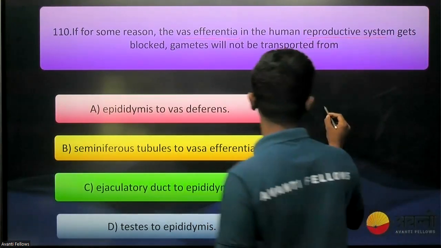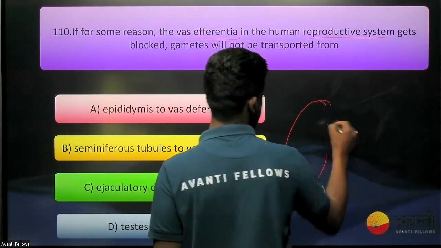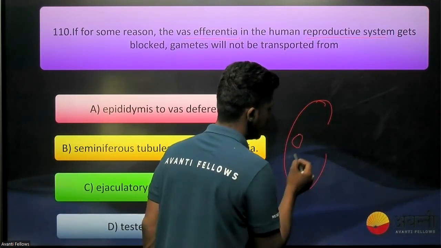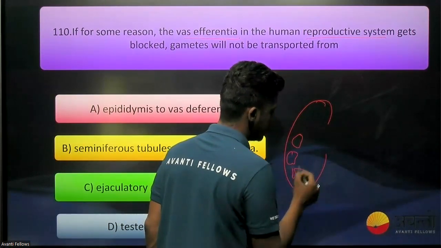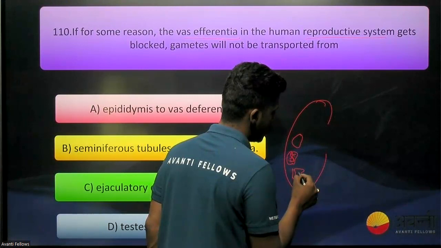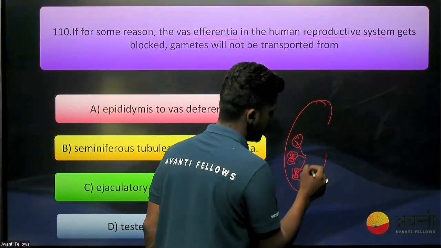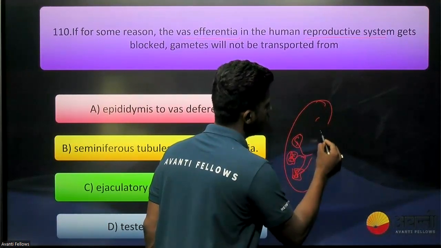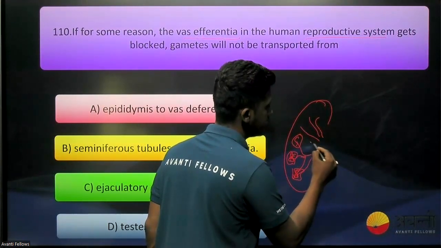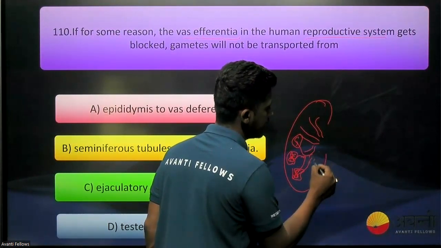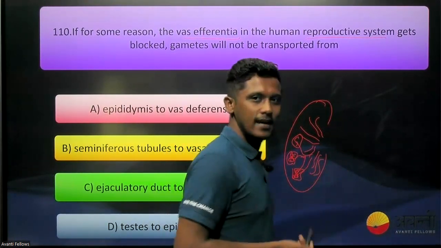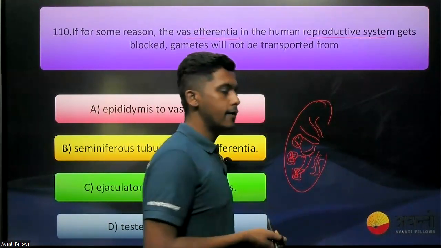If you look at the cross section of the testis, we know that within the testicular lobules we have seminiferous tubules. The seminiferous tubules combine together to open up into a larger duct eventually. Around 8 to 12 of these larger ducts are there, and they are called vasa efferentia.